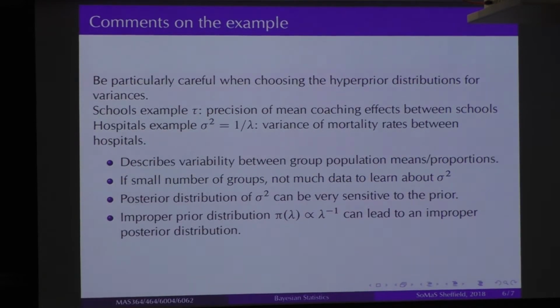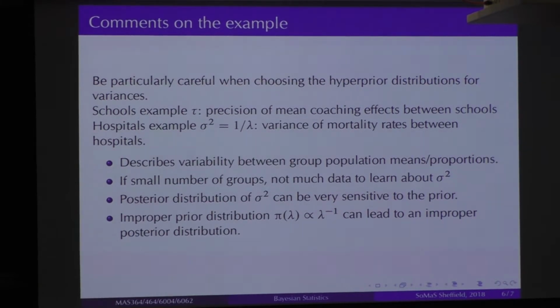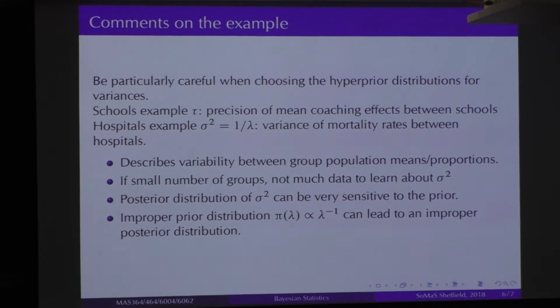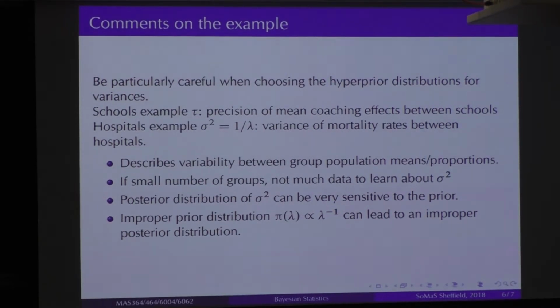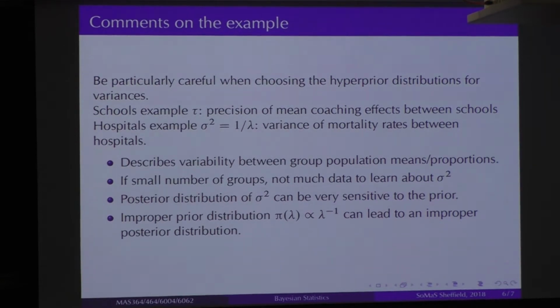Okay. So before running the code, just a couple of things. Okay? I think I mentioned these on Tuesday. We need to be very, very careful when choosing priors or prior parameters for scale parameters, for variances and precisions. Because usually that's where we have less information about in the sample.